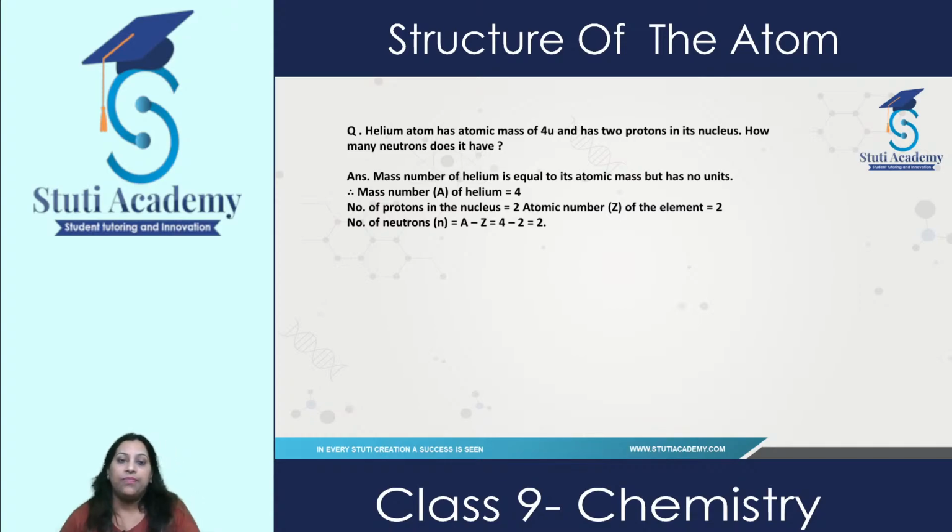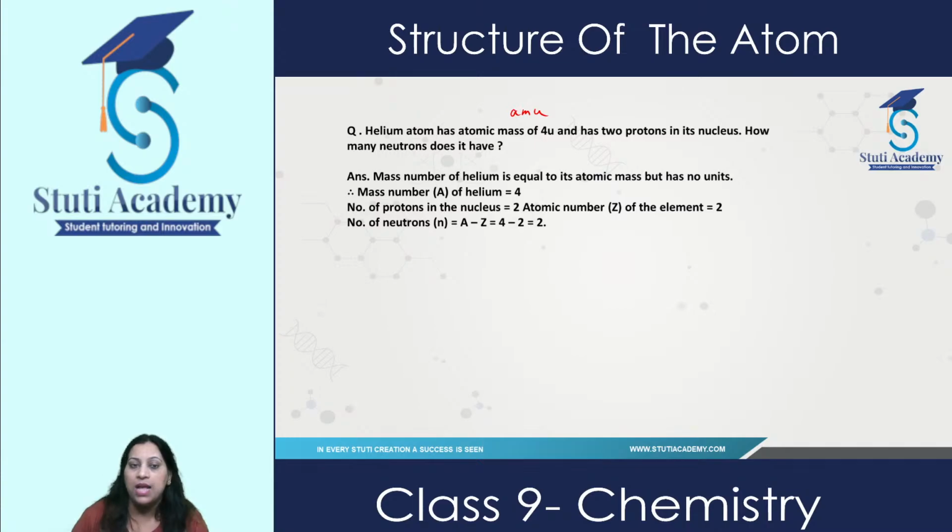Now next is helium atom has atomic mass of 4U. This U is the unit of atomic mass, which is unified mass, or we can write atomic mass unit, AMU, and has 2 protons in its nucleus. How many neutrons does it have? It means helium atom has atomic mass of 4U.